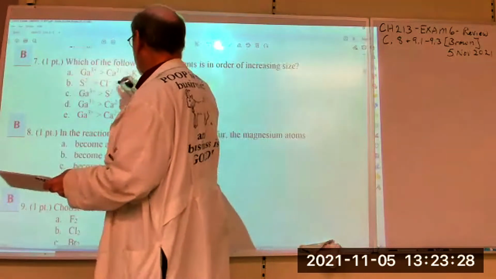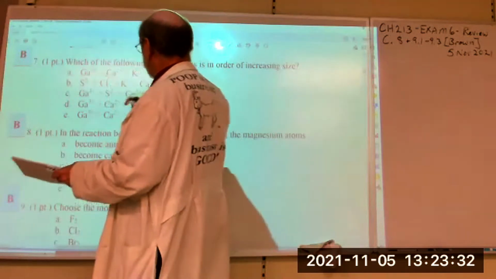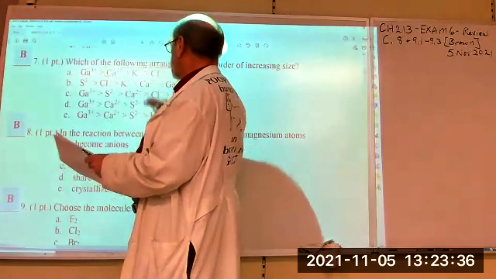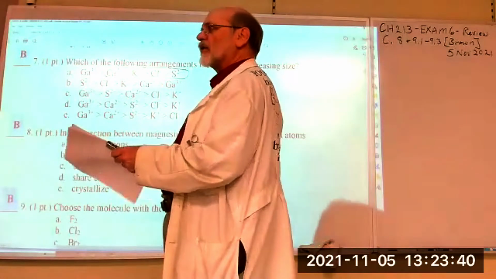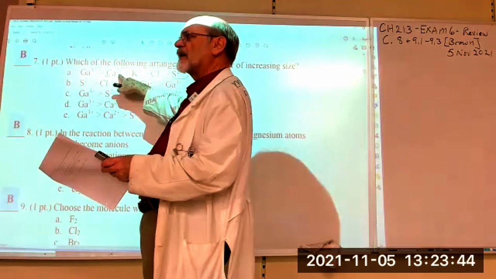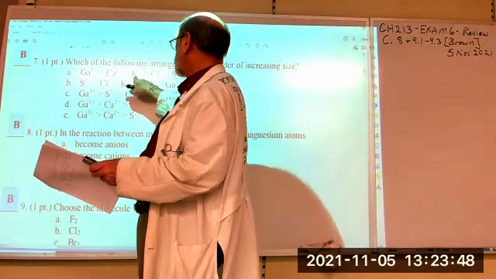The rest of them are isoelectronic. So what we do is look at the number of protons to order these. Then we have to say, how are they related to gallium? So decreasing number of protons.